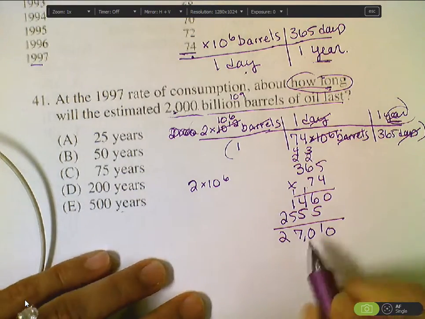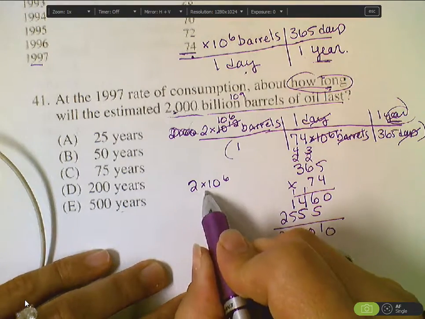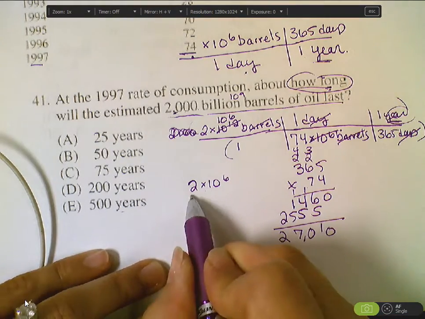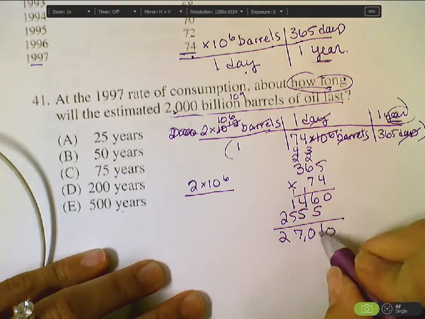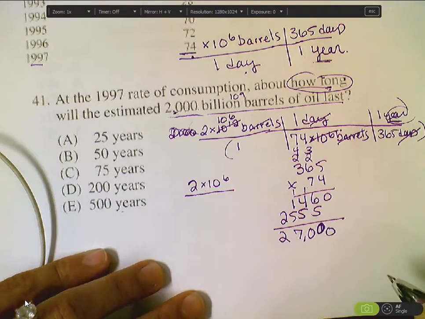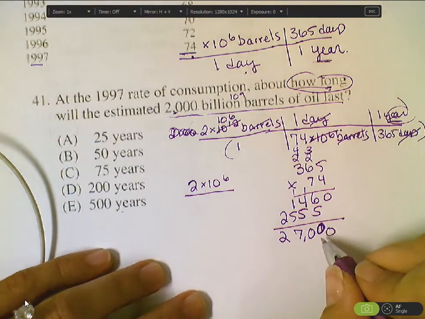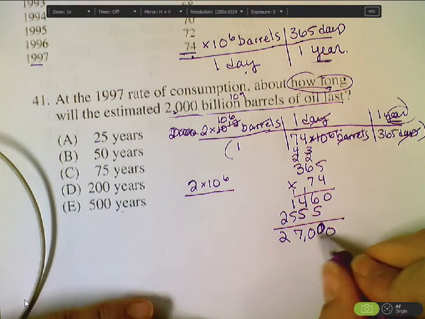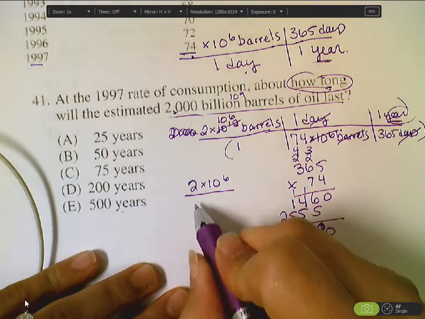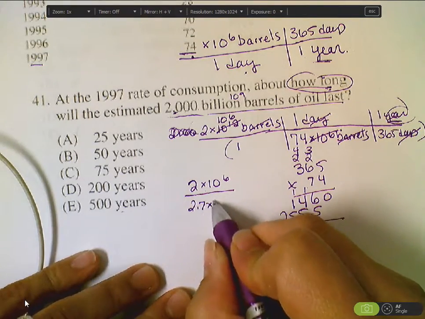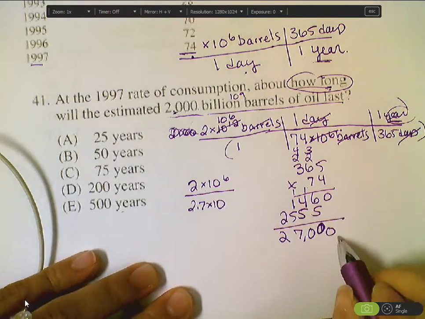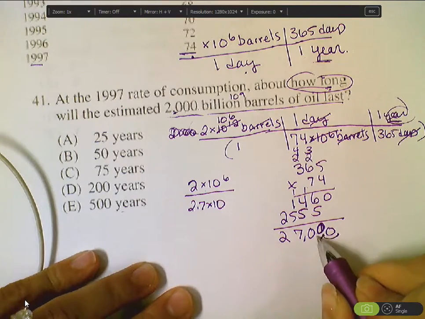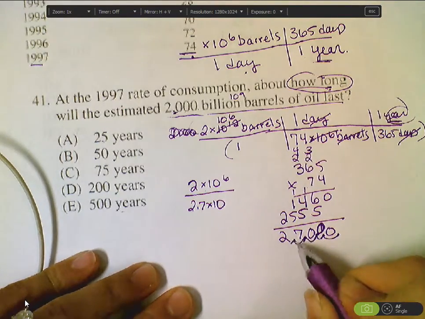Technically I'm supposed to divide this into this over here, but let's make our lives a little bit easier. Let's round this to a 0, say. By the way, always, always, always simplify and use as round numbers as possible. That's the same as 2.7 times 10 to the 4th power.